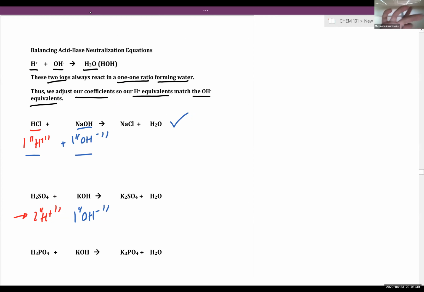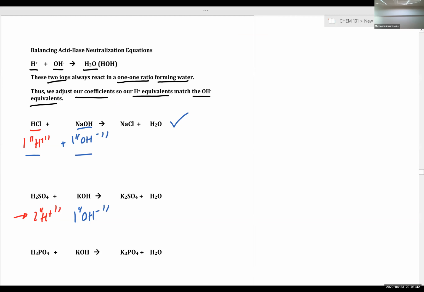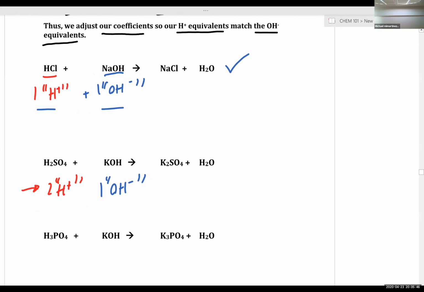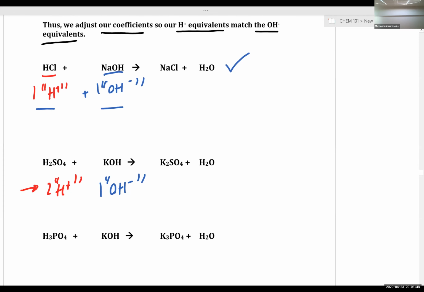So then, in order for our H+ and OH minus equivalents to match, what do I need to multiply my moles of potassium hydroxide by? 2. Exactly right. So now we have 2 OH minus and they cancel out.